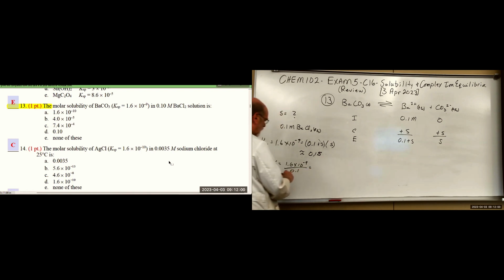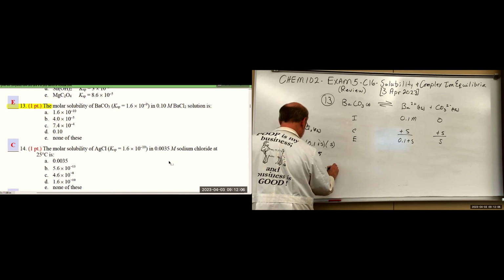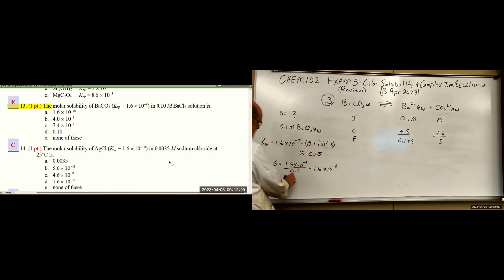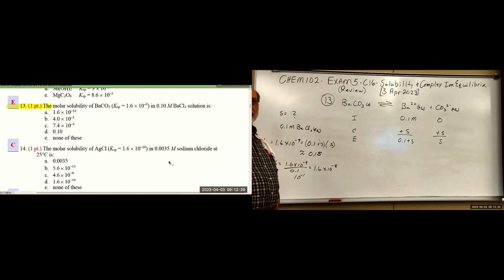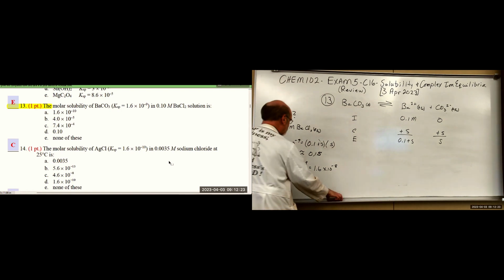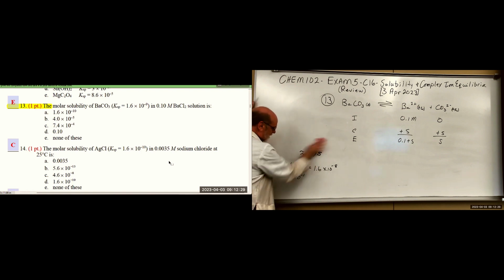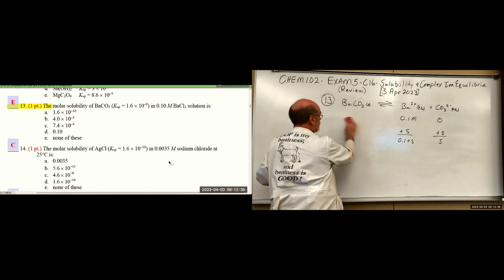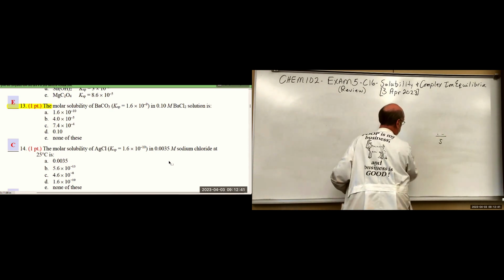Divide by 0.1 should be, yeah, I was right, times 10 to the minus 8, right? If this is 10 to the minus 1, it's in the denominator, that means you added to that, it's 10 to the minus 8. Oh, okay. Right, E, none of these. I was looking for the answer and it wasn't there. So that's the molar solubility in 0.1 molar barium chloride, demonstrating the common ion effect.